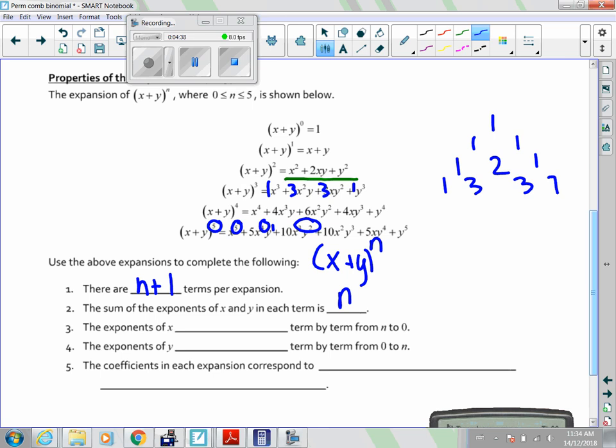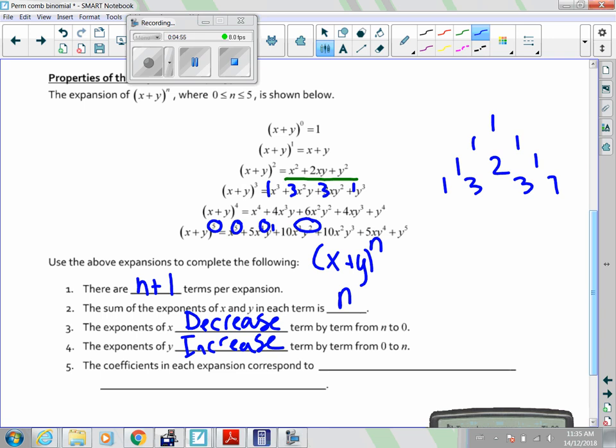The exponents on the x decrease from n down to 0. The exponents on the y increase from 0 to n.